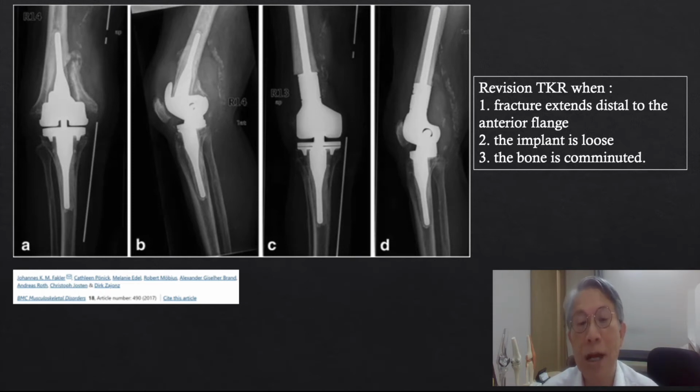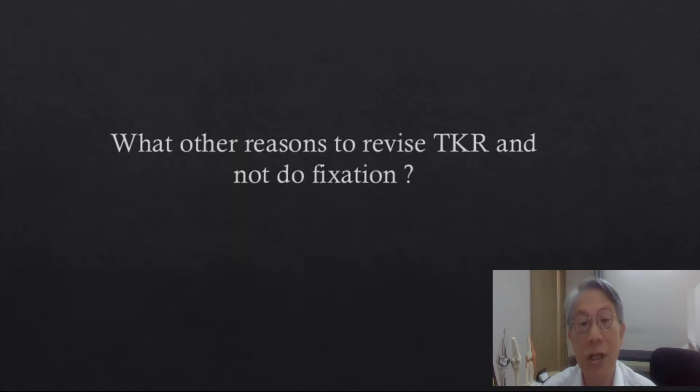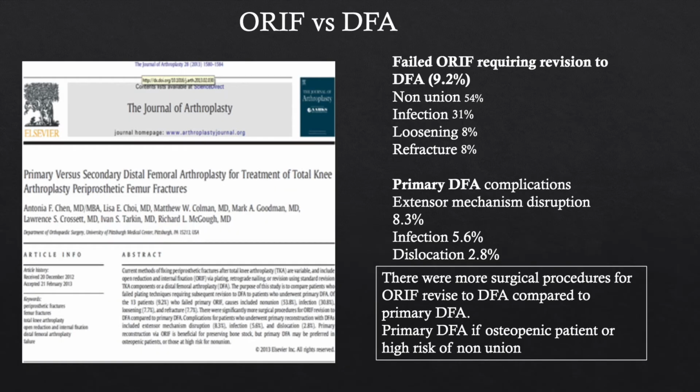And then what other reasons will we have to revise rather than do fixation? The other one is a little bit more controversial, and it has to do with the fact that when we compare series between fixation and primary distal femoral replacement, we will know that if we choose to fix, there are often the issues of non-union, loosening, refracture, because we're often dealing with elderly patients with osteoporosis.